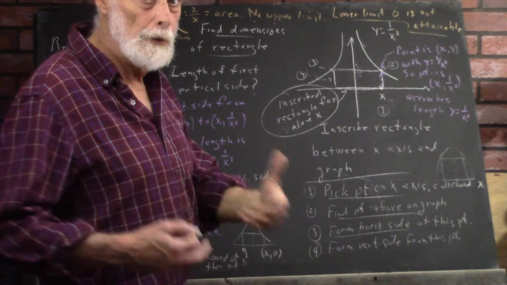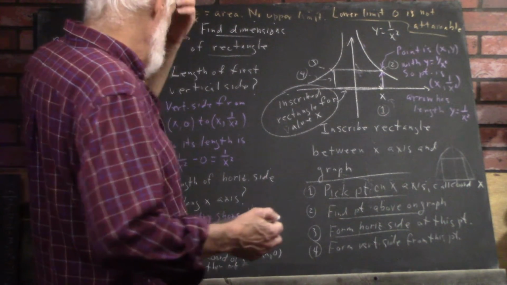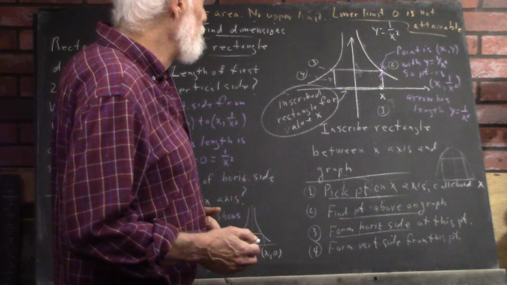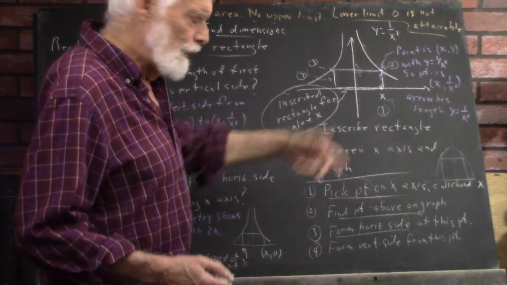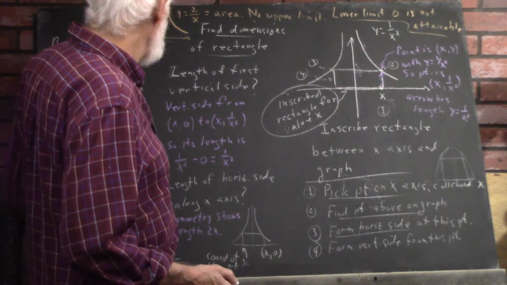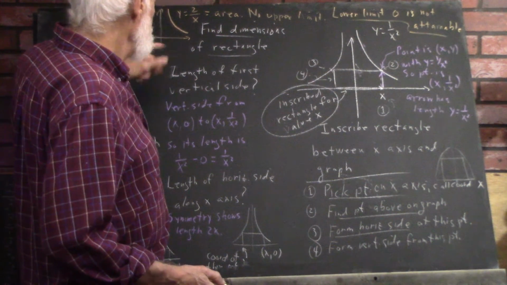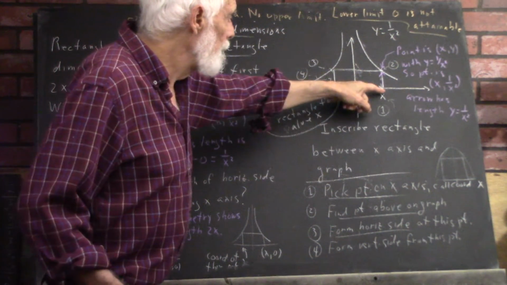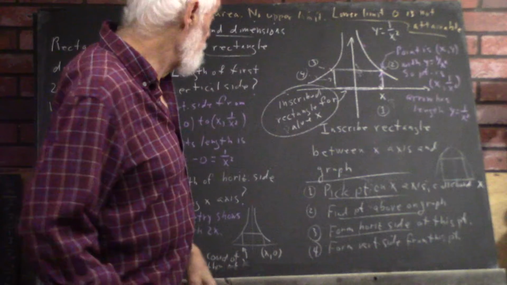Now, it took us a while to work through this because it's a learned skill, being able to look at a graph and answer the kind of questions you have to answer here. So I broke it down a little bit. What's the length of the first vertical side? What's the length of this side?